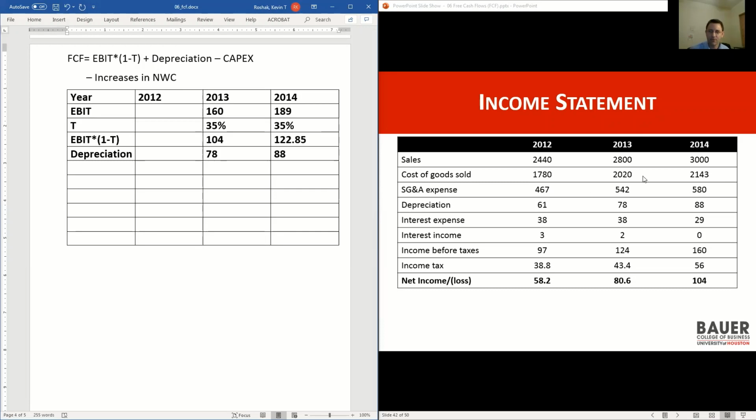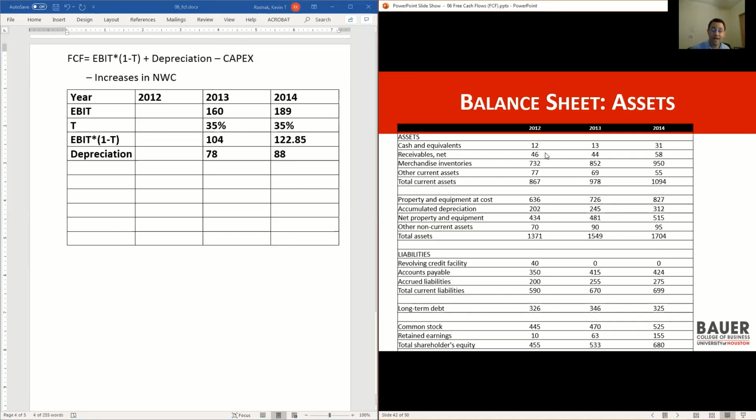No, we're basically done with the income statement. The income statement is great for EBIT and depreciation, but CAPEX and increases in net working capital, those are investments that you're making into the company. These are when you buy assets. That's not reflected in the income statement. Okay, so we're basically done with the income statement. We have to move to the balance sheet. That's what keeps track of our assets. So here's our balance sheet. A lot going on here.